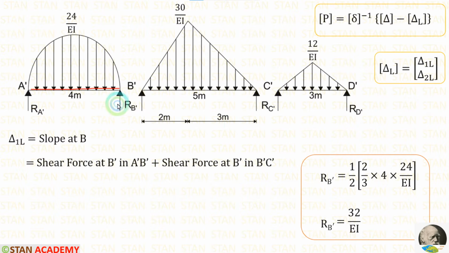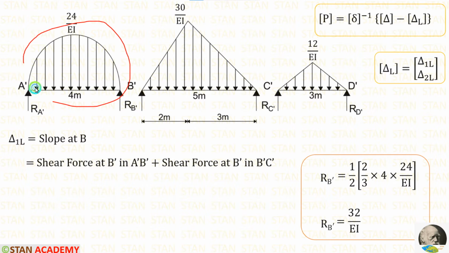For this beam, the shear force in the point B dash is the reaction RB dash. For this beam also, the shear force in the point B dash is the reaction RB dash. So we have to calculate the reaction RB dash in the beam A dash B dash and the beam B dash C dash. First, let us calculate in this beam.